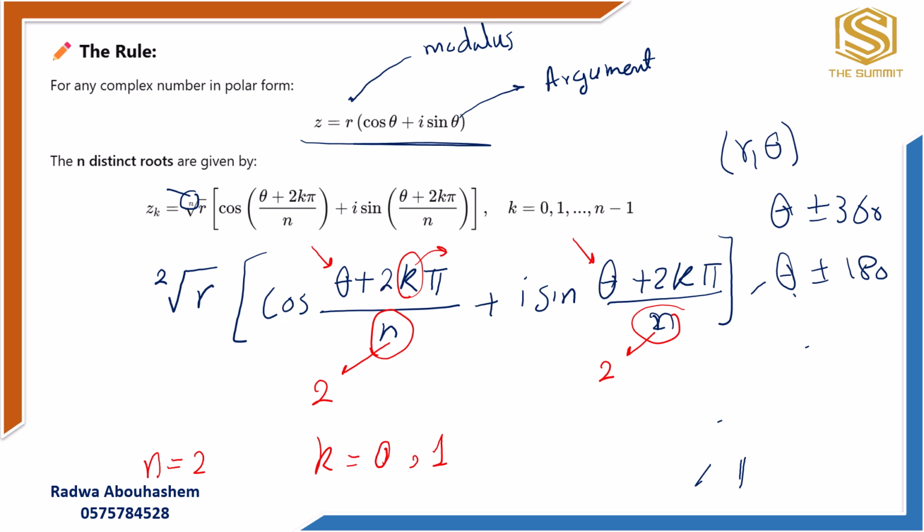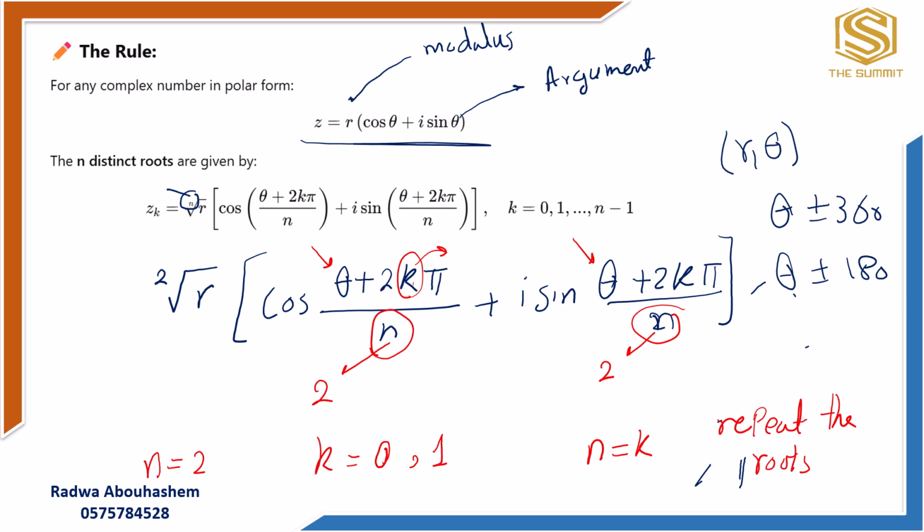Now what if n equals k? If I put k here with 2, actually you're going to repeat the roots. No more distinct roots again. So according to the number of roots that you want, k would be less than n by 1.